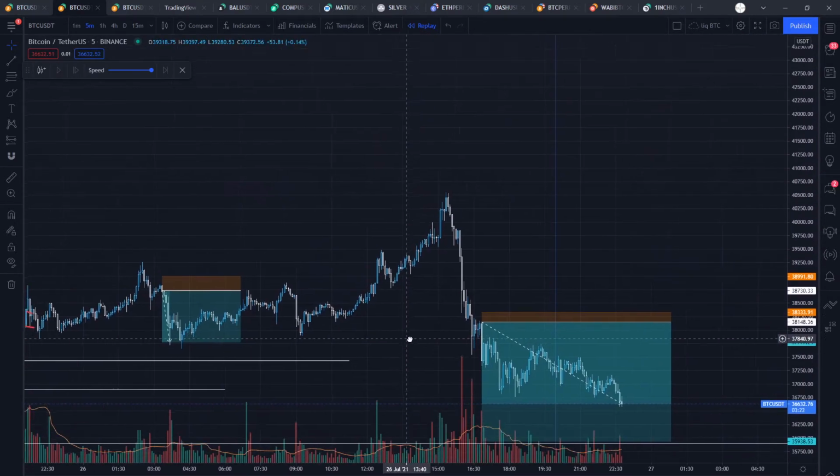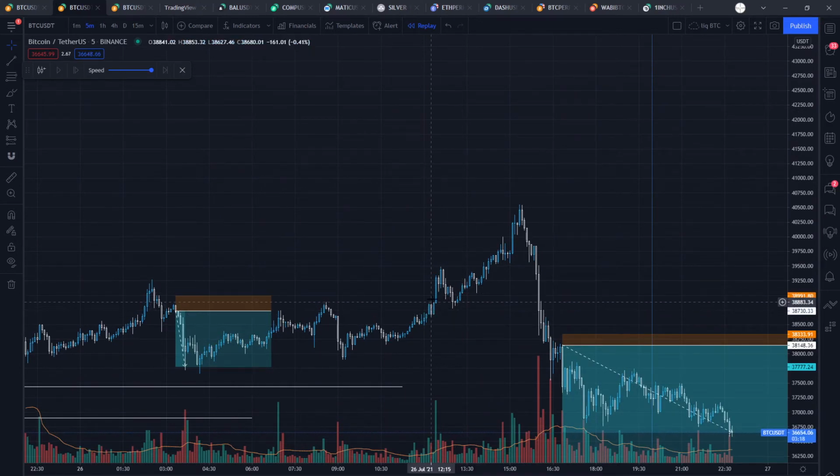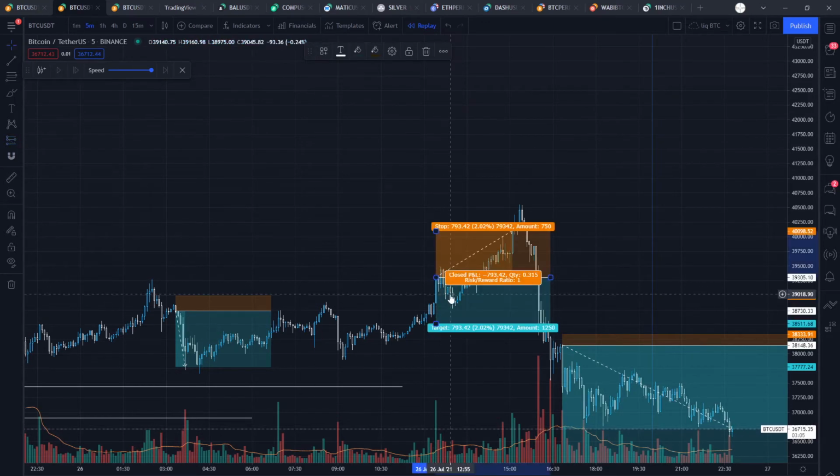Sure, you can trade imbalances like I showed here, right? Where we form an imbalance and then most likely price will pull back to fill this imbalance out. That's definitely tradable. You could have made profit from that, right?